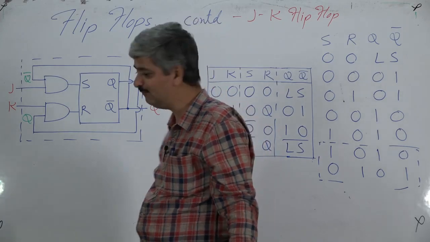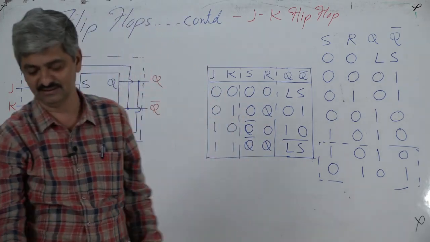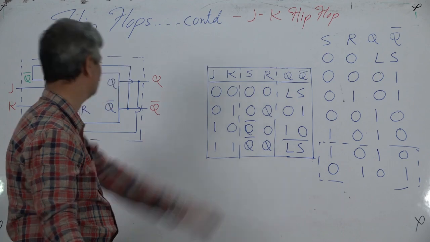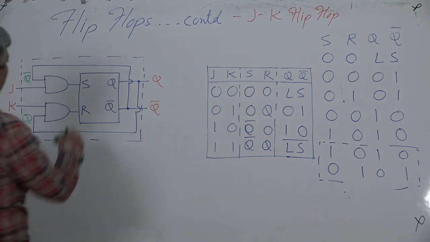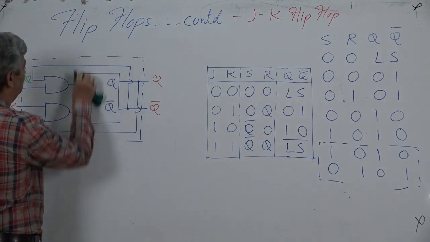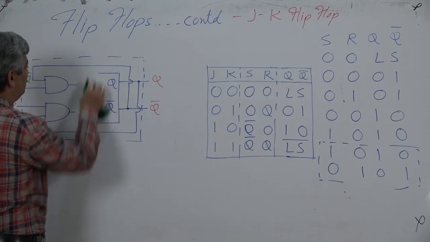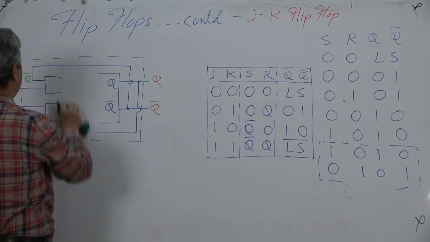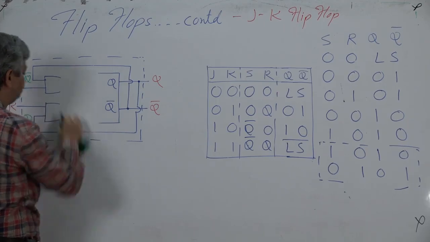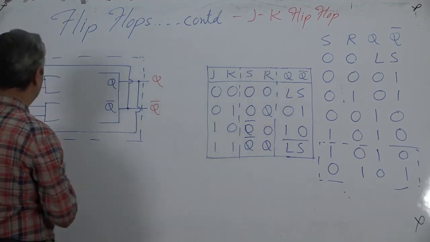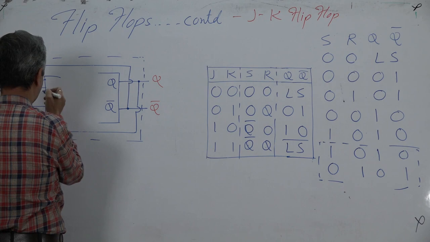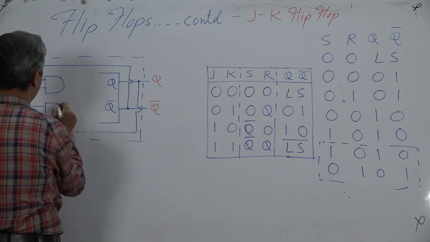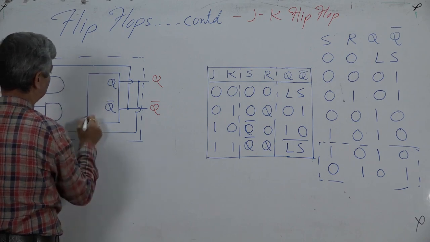Now, if we decide to stop this square wave, instead of using a simple SR flip-flop, we use an SR flip-flop with an enable input. So, what is there in an enable input? I will show you very easily. We can add it here also, but it is better that we add it here.